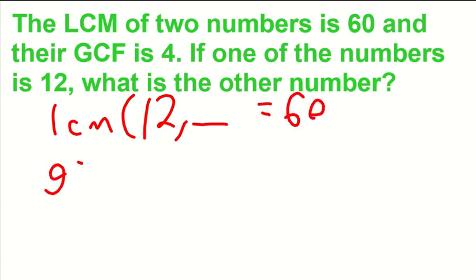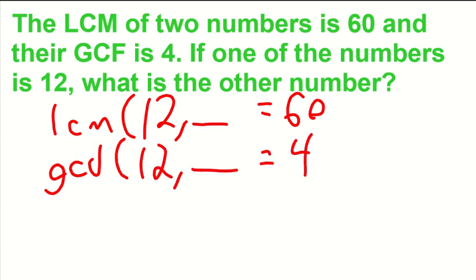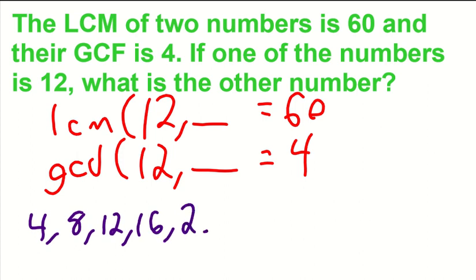Same idea with our greatest common factor. We got 12 and something else. It's going to equal 4. So 4 has to go into that number, right? So if I make a list with my 4s: 4, 8, 12, 16, 20, 24, 28.